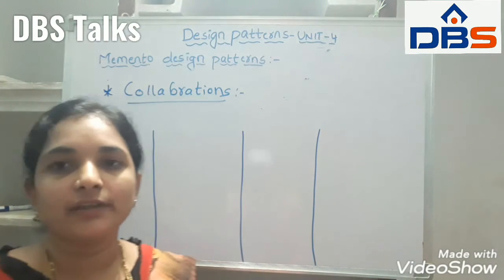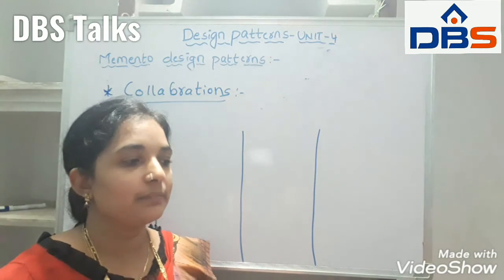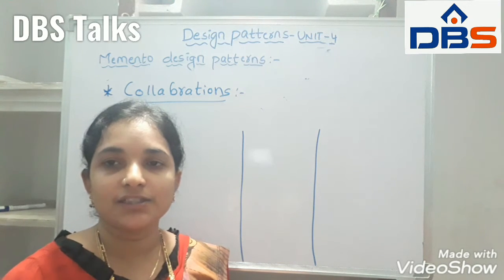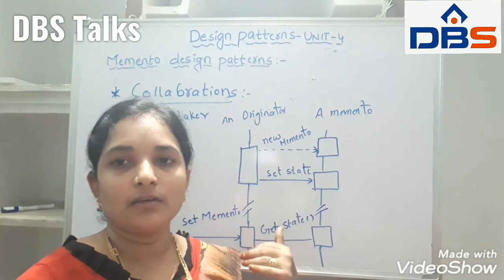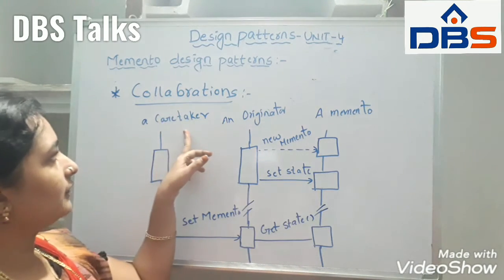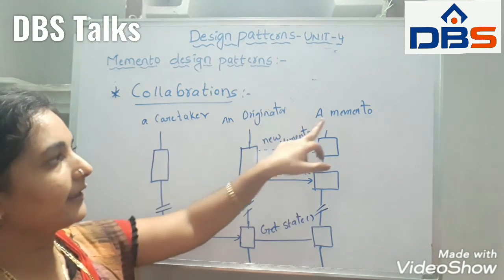The collaboration diagram tells the relationship between the classes. In this collaboration diagram, I have the caretaker, the originator, and a memento.